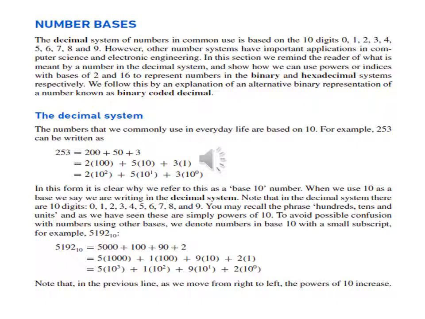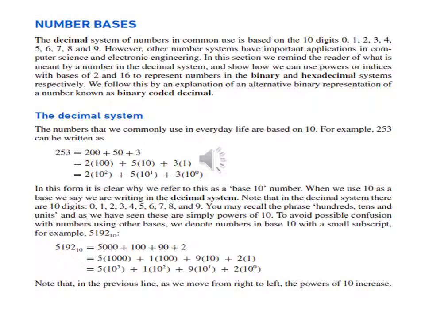That is 2×10^2, 5×10^1, 3×10^0. So the base is 10. In this form, it's clear why we refer to this as a base 10 number. When we use 10 as a base, we say we are writing in the decimal system. Note that in the decimal system there are 10 digits from 0 up to 9.